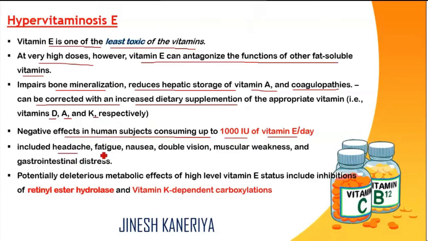Effects include headache, fatigue, nausea, double vision, muscular weakness and gastrointestinal distress. So these are the symptoms of hypervitaminosis, and potentially the metabolic effects of high levels of vitamin E include inhibition of two enzymes: retinyl ester hydrolase and vitamin K dependent carboxylation.